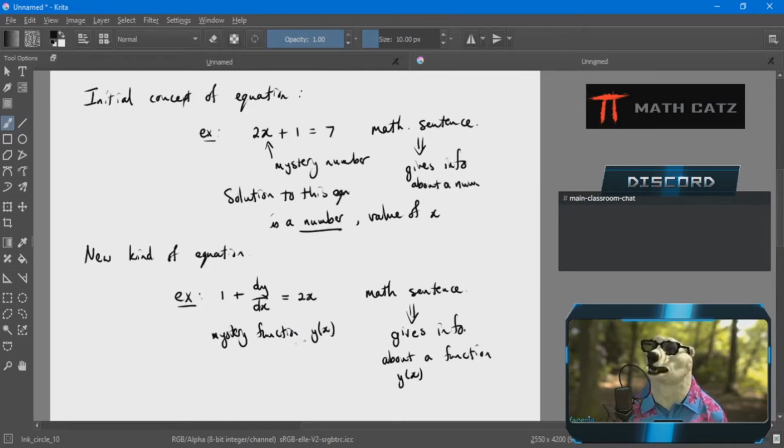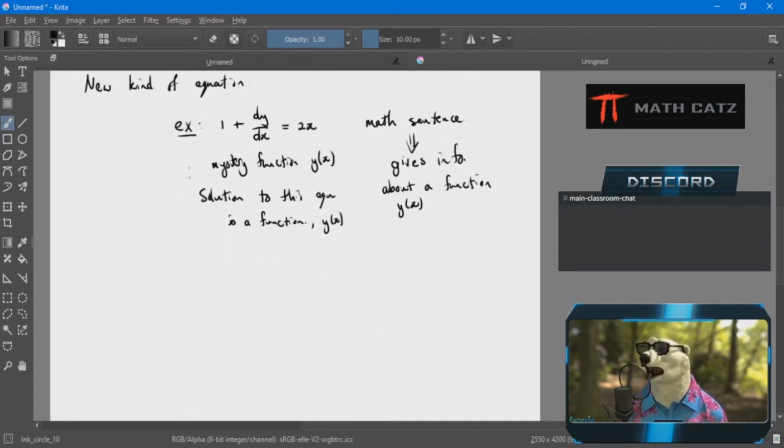This one talks about a function. So the solution to this equation is therefore going to be a function, the function y of x. Now, yes, it depends on the complexity, just like before, where I could have multiple answers, but those answers are all going to be functions.